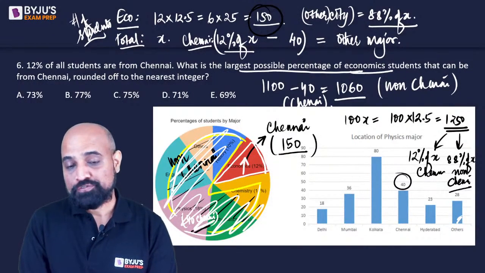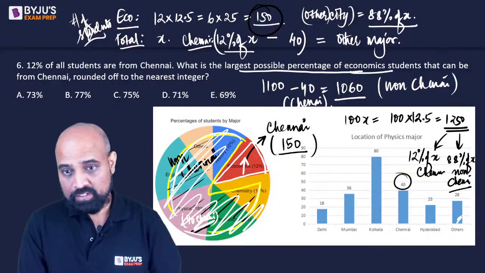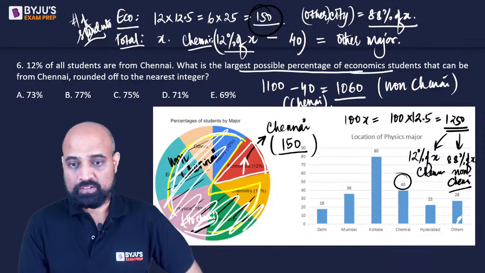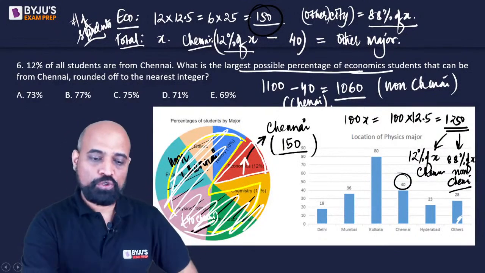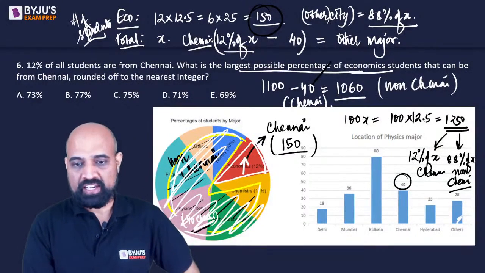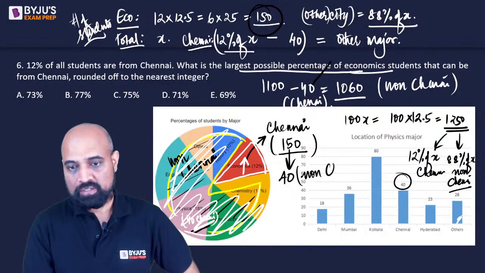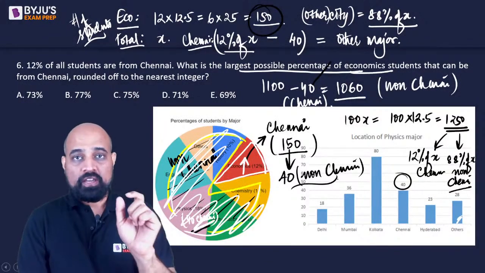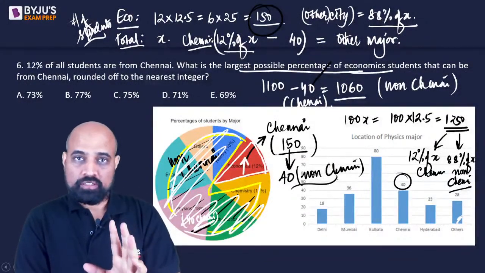So out of 150 students, देखो पूरा 150 चेन्नई हो सकता था.